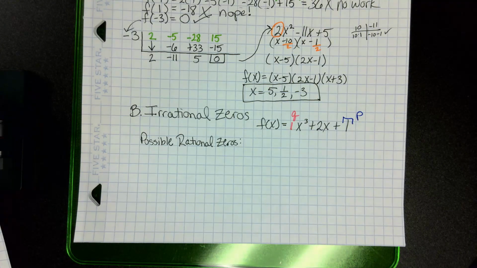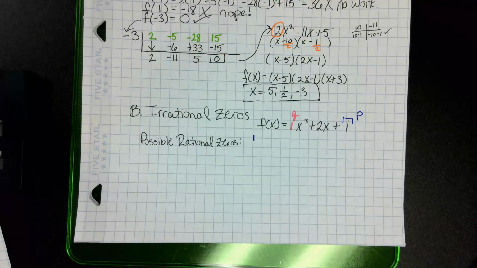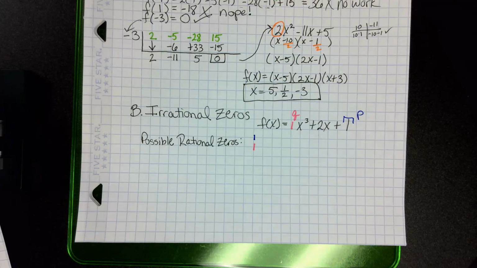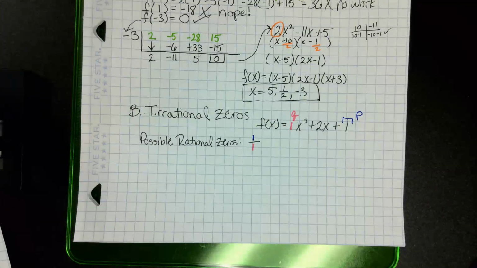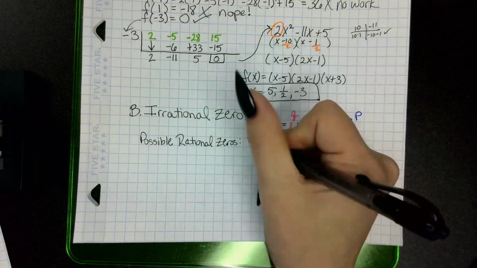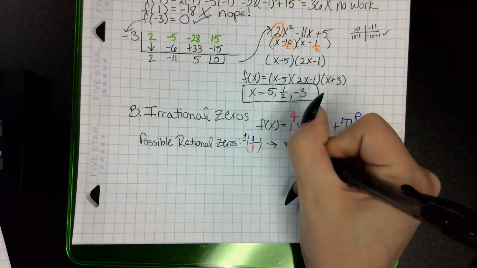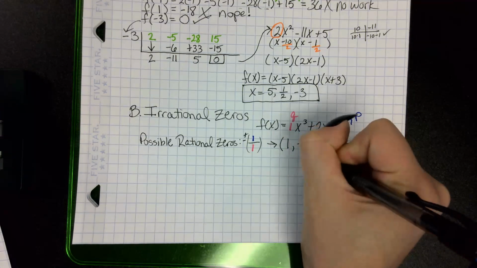So we're doing factors of 1 over 1. All right, so the only factors of 1 are 1, and it's plus or minus. So that means the only two possibilities are positive 1 and negative 1, right?